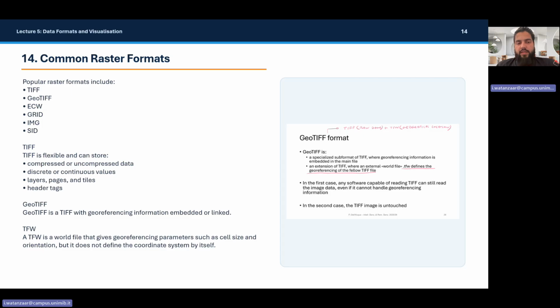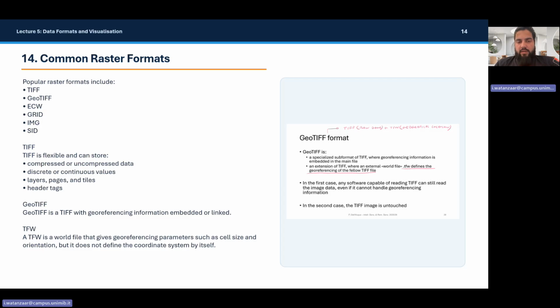The another one is TFW. This is, in my opinion, not a complete acronym to be explicitly right, like in TIFF, which is Tag Image File Format. So TFW is a world file that gives the georeferencing parameters. This is a more detailed file that helps as georeferencing information for the final user.